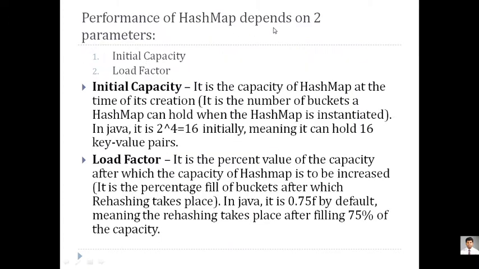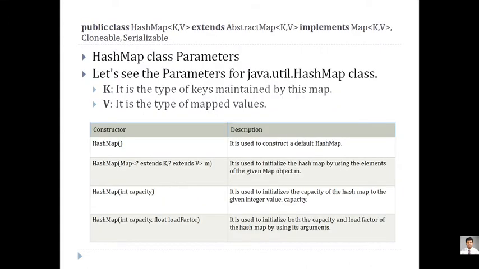As I have already told, as soon as the HashMap object is created, two things can be initialized: the initial capacity, which by default is 16, and the load factor, which is 0.75f. It is faster than the previous classes we have seen. For the purpose of executing faster, it is always preferred to go for HashMap, not for TreeMap. So this is most important.